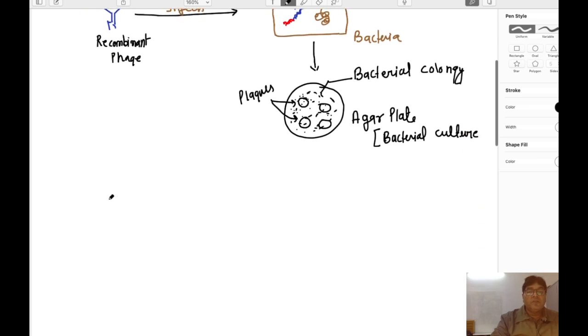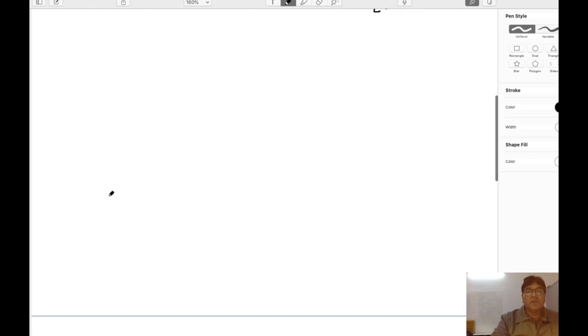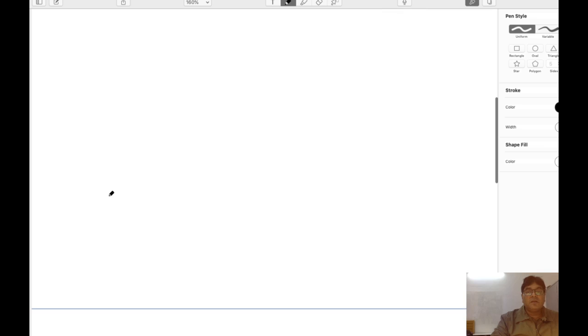All right. So we have got many methods to identify the recombinant phage. These methods I am going to discuss one by one.